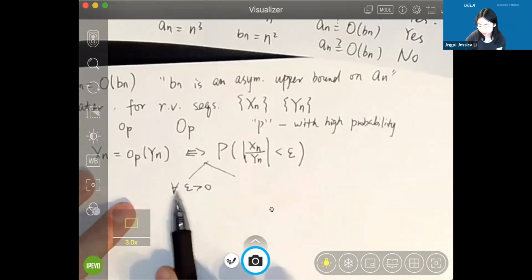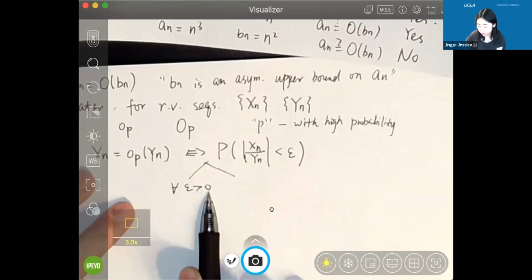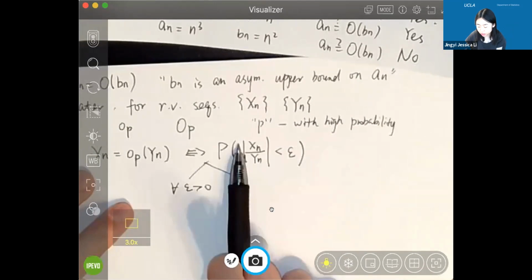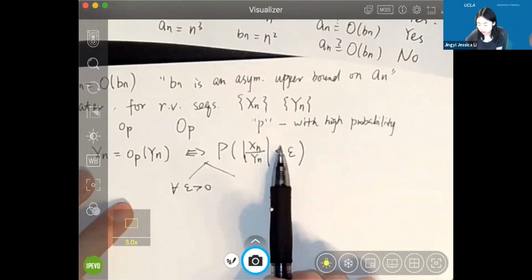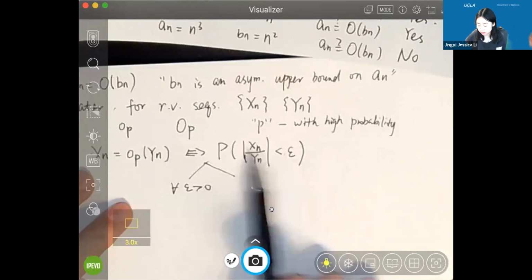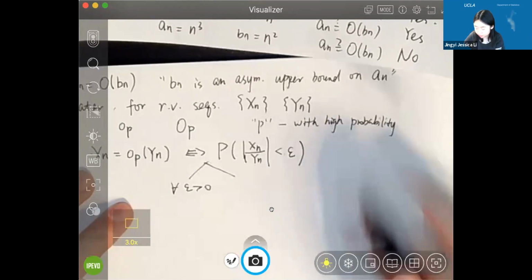And we have any epsilon greater than 0. So for this epsilon, we have that this probability that this ratio is in the neighborhood, this is in the neighborhood with high probability.